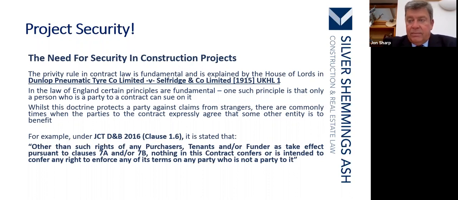So, classic example is under the JCT Design and Build Contracts 2016. It stated that other than such rights of any purchasers, tenants and or funder as take effect pursuant to clauses 7A and or 7B, nothing in this contract confers or is intended to confer any right to enforce any of its terms on any party who is not a party to it.